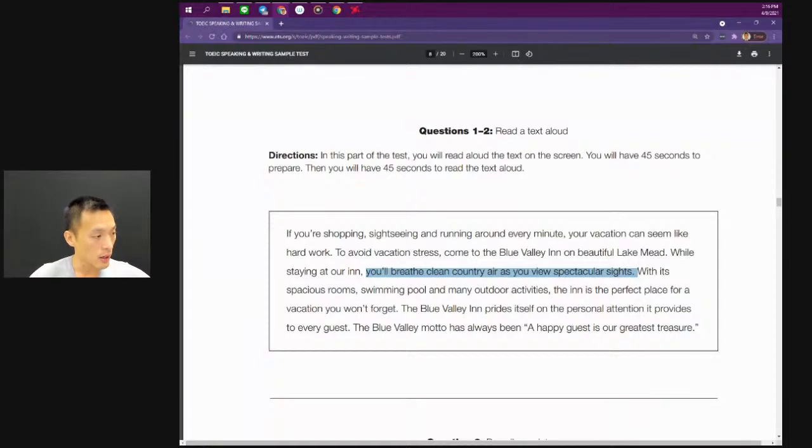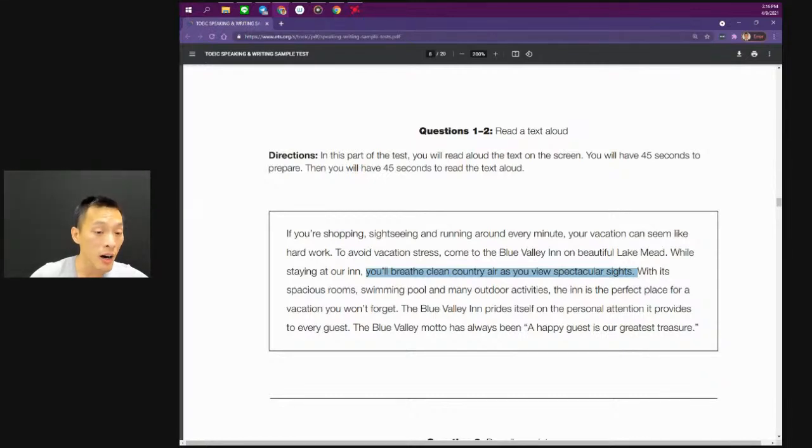So here goes. You breathe clean country air as you view spectacular sights. Second way, you breathe clean country air as you view spectacular sights, right? If you say it with conviction, it almost sounds correct, right?